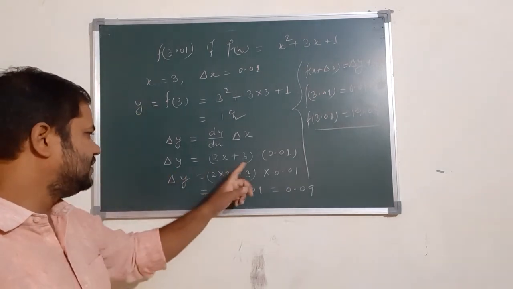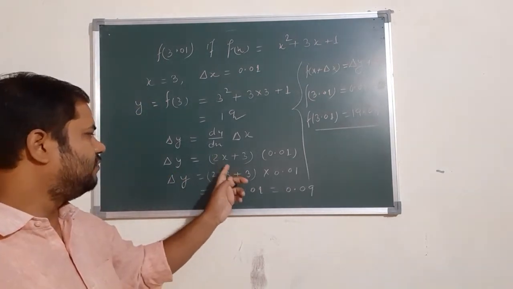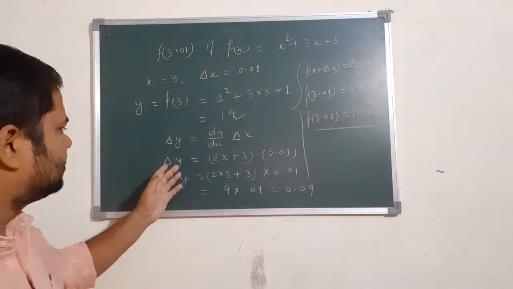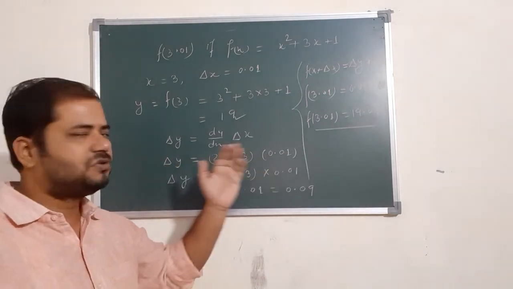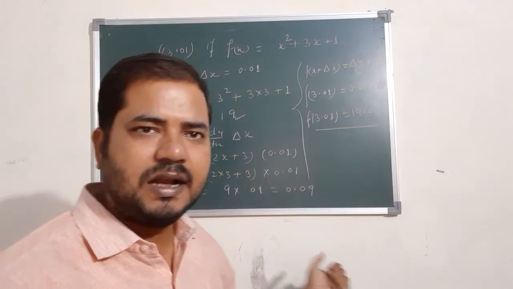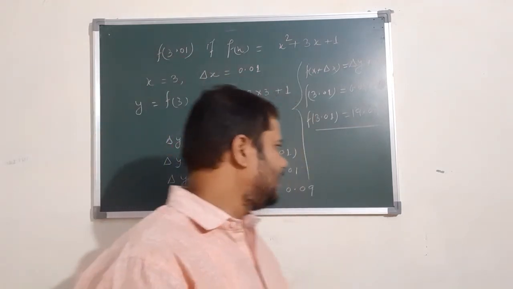We find f(x plus delta x), that is f(3.01), and for delta y, how will we find it? This is f dash of x, 2x plus 3. So at x equal to 3, delta y is 0.09.